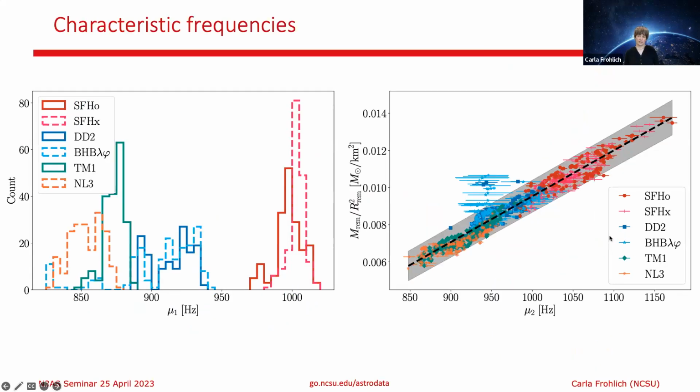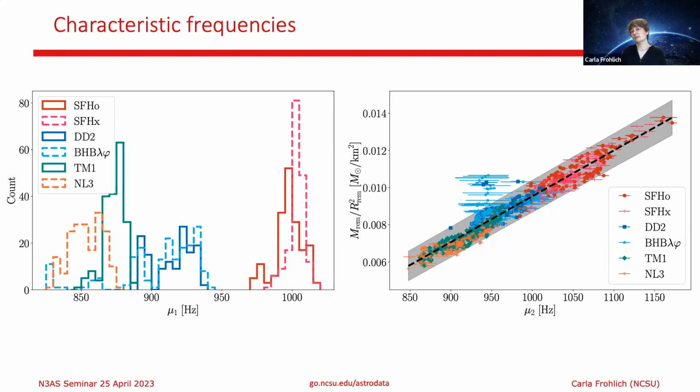So first of all, on the left, I'm showing mu1, the characteristic early time frequency, as a histogram color-coded by EOS. And you can see SFHO and SFHX at early times have 100, 150 hertz higher frequency than pretty much all the other equations of state.